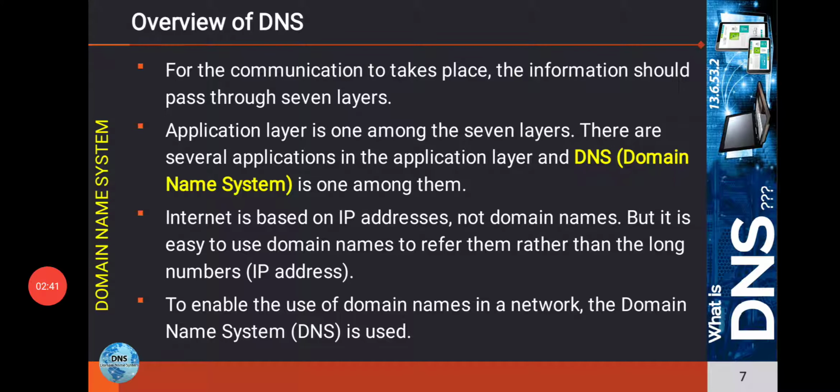The names of the 7 layers are the physical layer, data link layer, network layer, transport layer, session layer, presentation layer, and application layer. Among these, the application layer is one of the 7 layers, and there are several applications in the application layer.